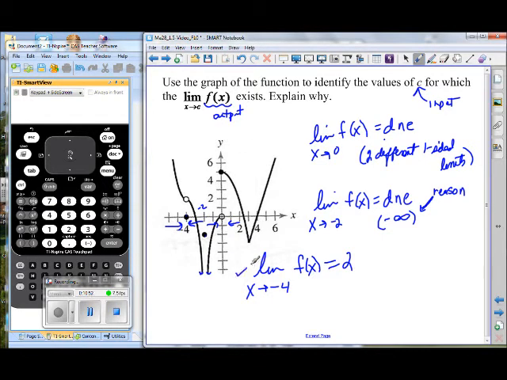Now, it says to identify the values for which the limit exists. We have found one where it exists. Are there others? Actually, there are many, many, many, many others. Anything along the input axis is going to give us a limit except at 0 and negative 2.